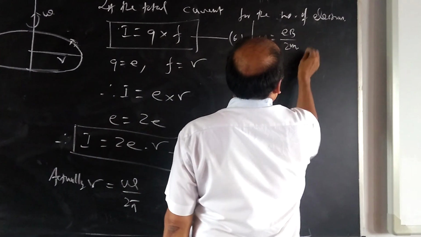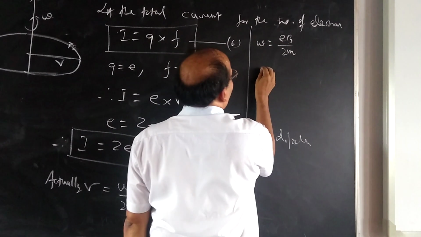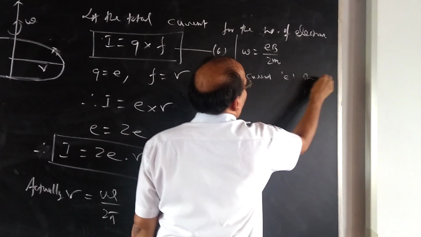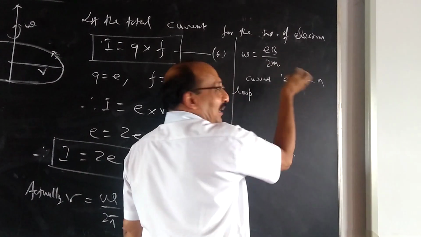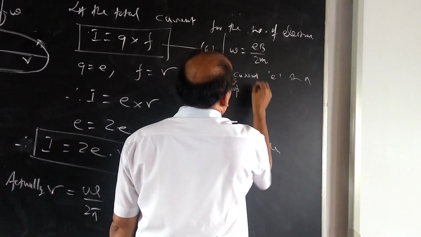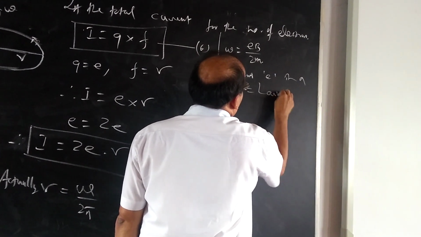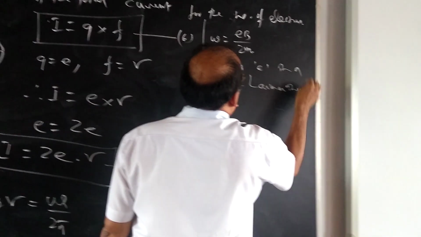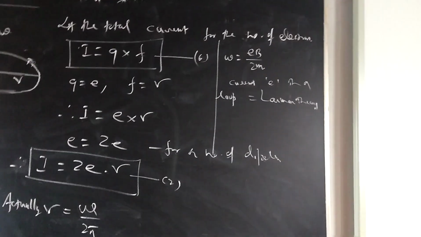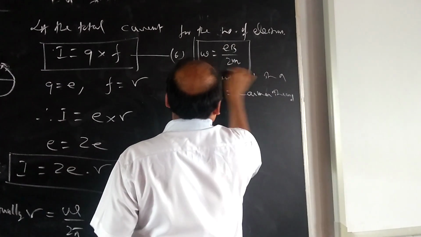So this is derived according to the theory of the current constituted by an electron in a loop, either in the absence of the magnetic field or in the presence of the magnetic field. Same theory. It actually explains the Larmor theory, and the value of this frequency is the Larmor frequency. Anyway, so omega is eB upon 2m.